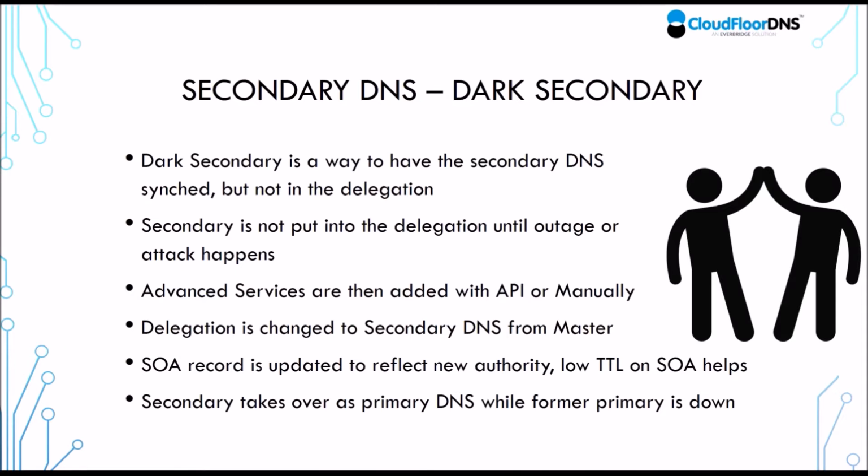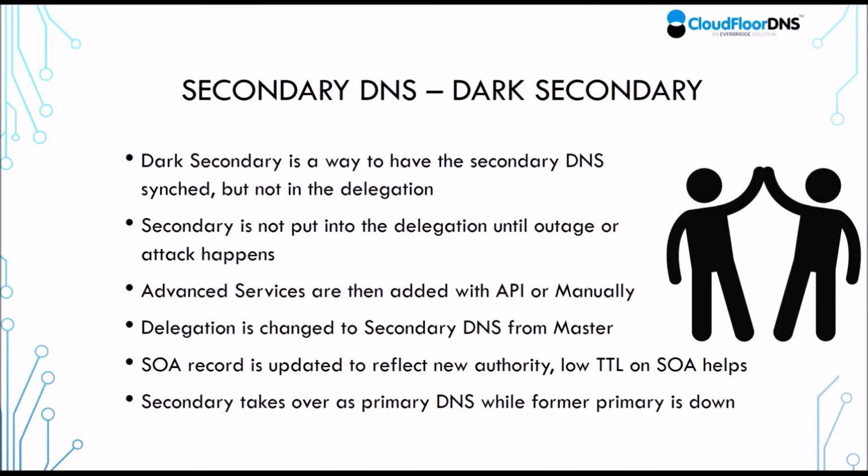And oftentimes companies will do the dark secondary because advanced services like failover, GeoDNS, and other services aren't necessarily mapped one-to-one. So Dyn does it one way, we do it another way. We both get to the same resource in different ways, but it's still the same resource.